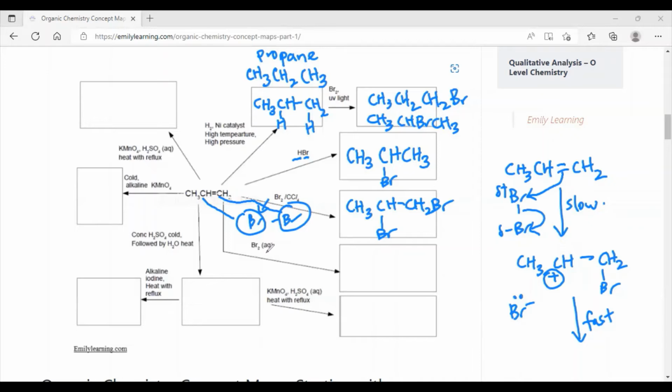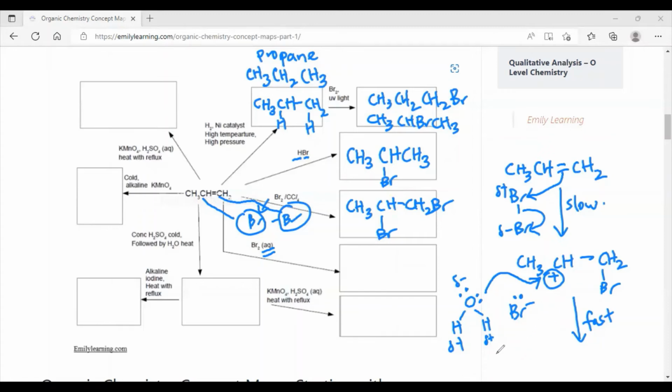In addition, because we have Br2 aqueous, we also have water. We know that the concentration of water will be much higher in an aqueous solution compared to the concentration of Br minus, so the probability of your carbocation reacting with water is higher than that of reacting with Br minus.